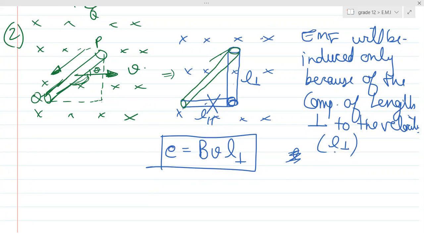But can you see when this will be there, the lines are getting cut? So L perpendicular cuts the lines, whereas L parallel is not able to cut the lines. That's why EMF is only generated because of that component of length. It is perpendicular. Is this clear, guys?